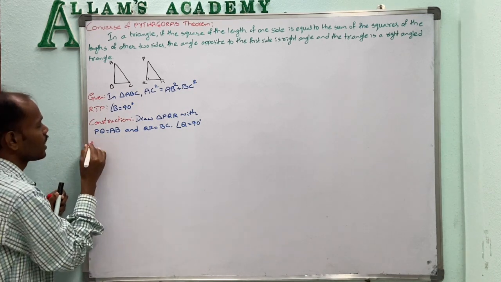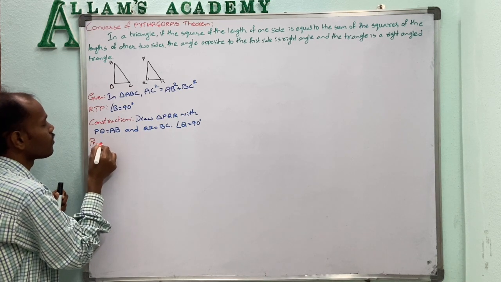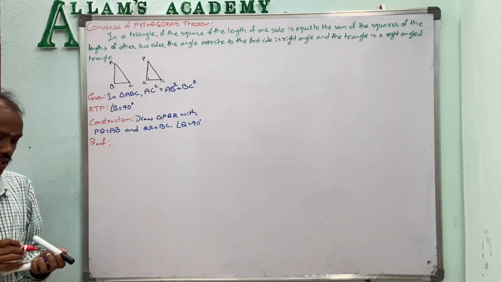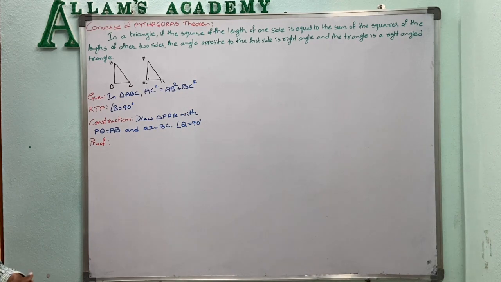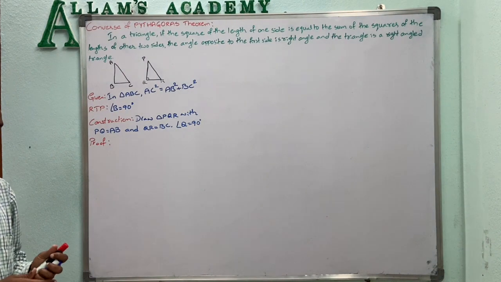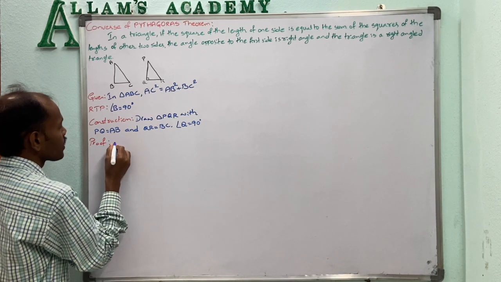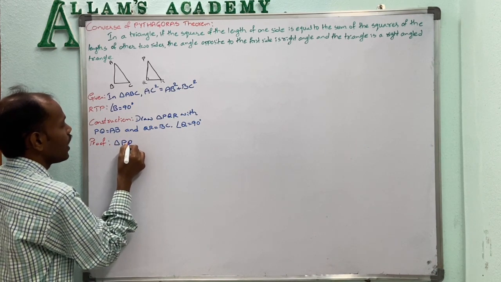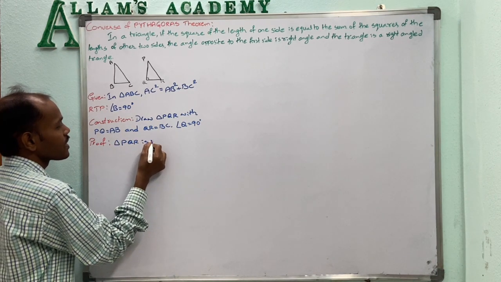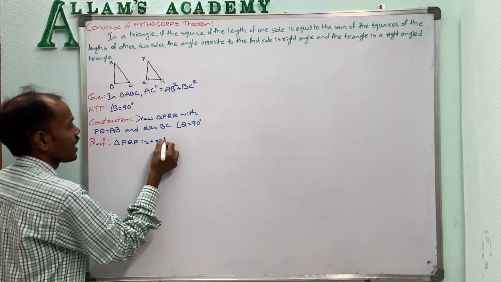So here we have drawn a right triangle PQR. Now we see the proof. Now we know that triangle PQR is a right angled triangle.